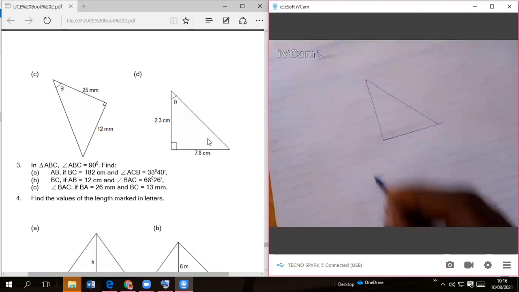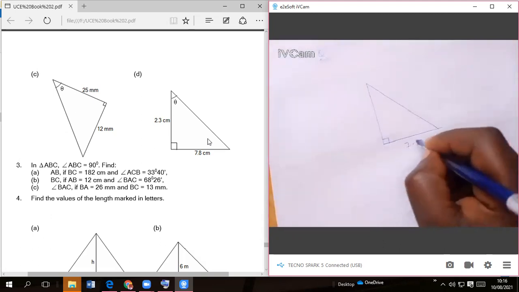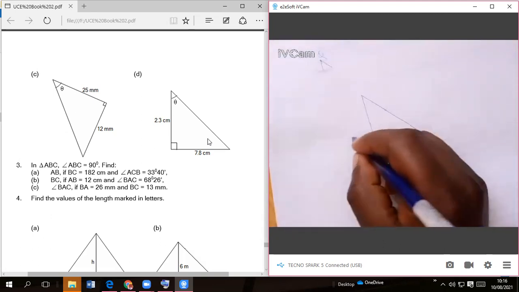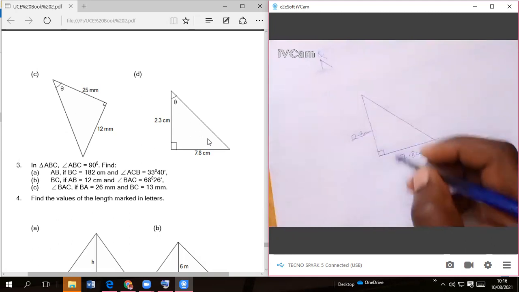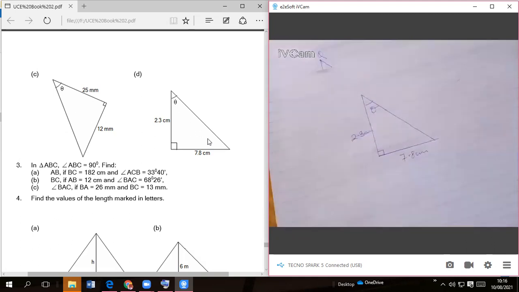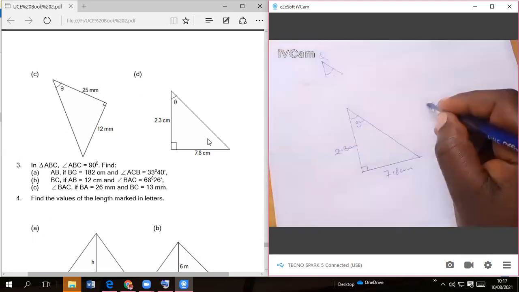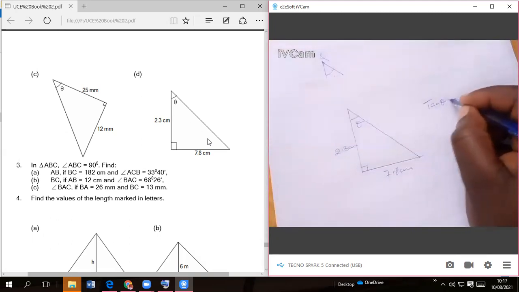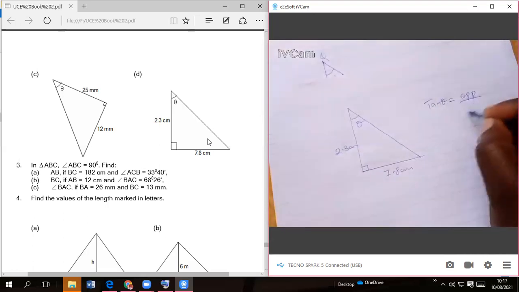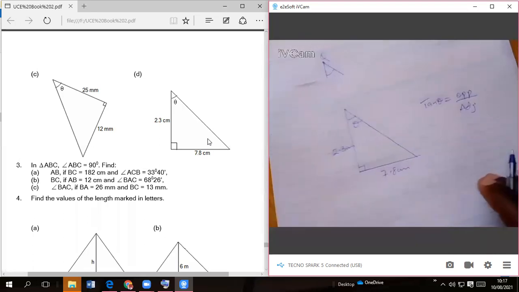Okay. So this is 7.8 centimeters, and this is 2.3 centimeters. How do you find theta? So tan theta equals the opposite over the adjacent.